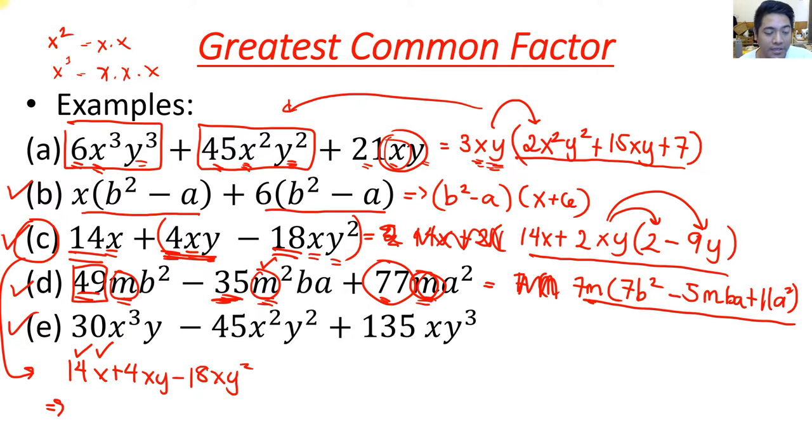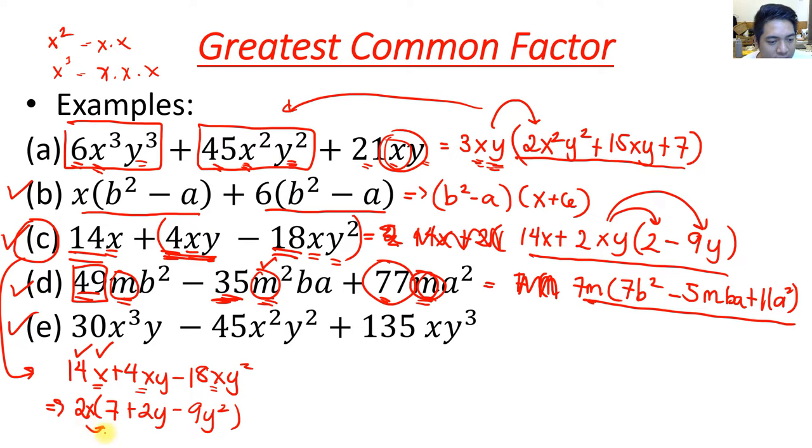So I can factor out 2x because x is common to them all. 2x times 7, that's 14x, plus 2y minus 9y squared.